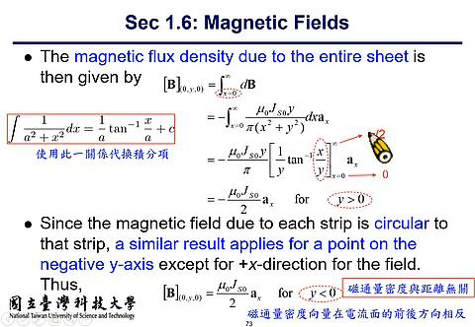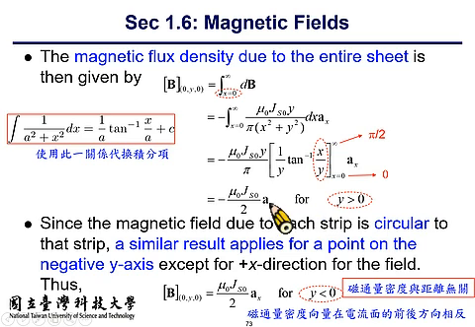Well, 0 and pi over 2 is the result of arctangent of x over y by replacing x with 0 and infinity. But anyway, after the change of variable, this integration becomes relatively simple to carry out. So it simply is pi over 2 minus 0. So the end result is here.